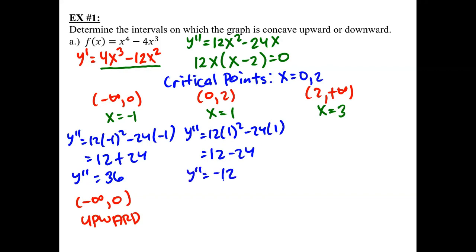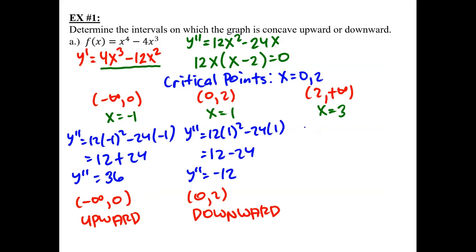So double prime is a negative number. So the interval 0 to 2 will be concave downward because it has a negative second derivative test.